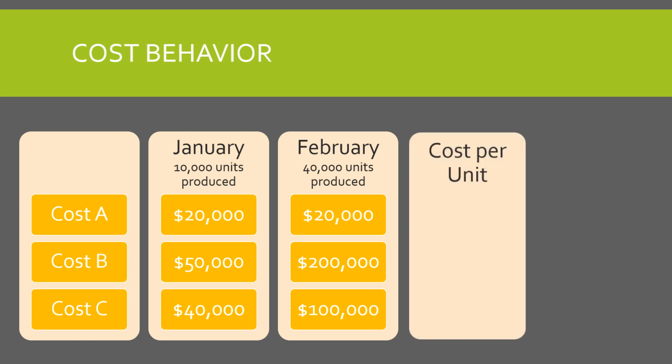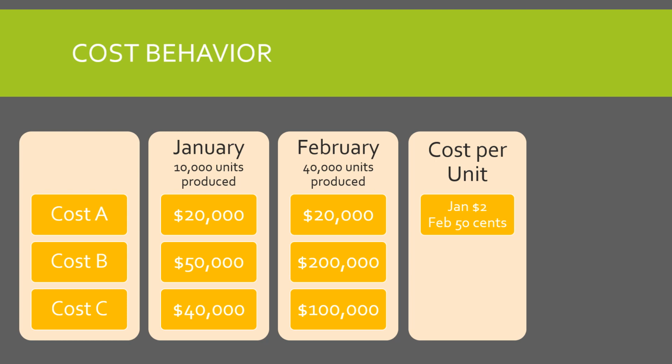Let's look at it a little further in a cost per unit form. So if cost A is $20,000 when I make 10,000 units, well, that's $2 per unit. Yet in February, it was $20,000 when I made 40,000 units. So that comes out to be, per unit, $2 in January, 50 cents in February.